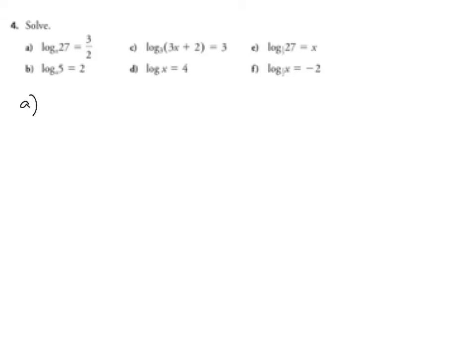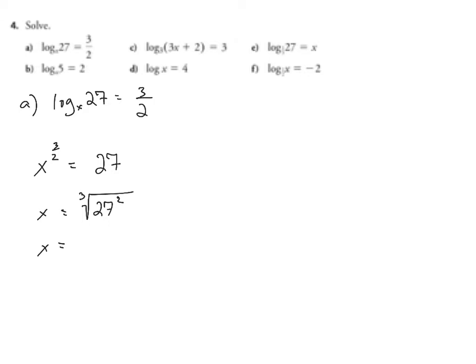All right, part 4 just says solve. So A, log base x of 27 equals 3 halves. So we can say that x to the power of 3 halves equals 27. So we can say x equals 27, the third root of 27 squared, which equals, the third root of 27 is 3. 3 squared is 9.